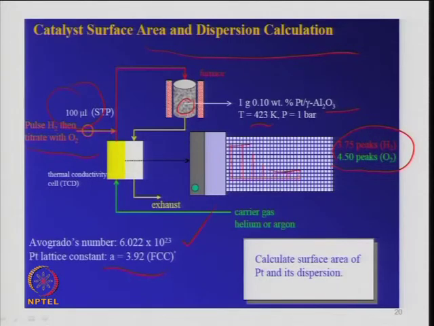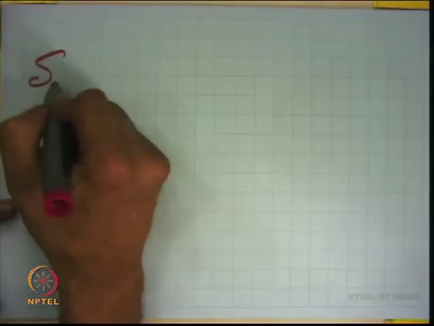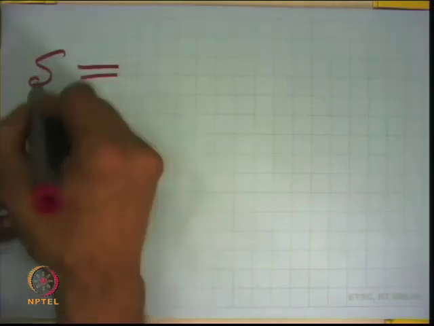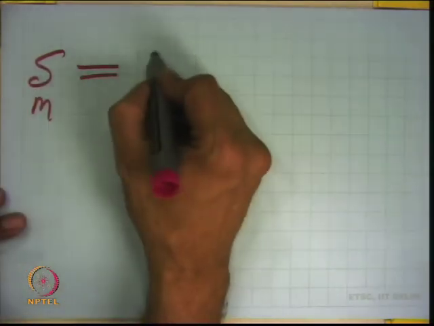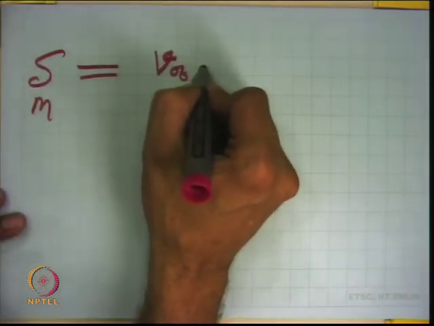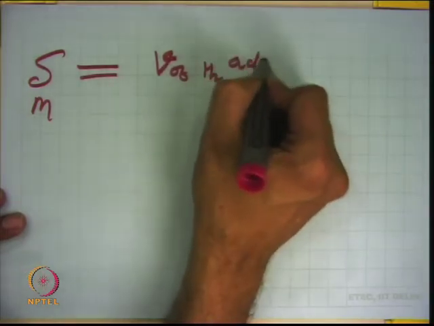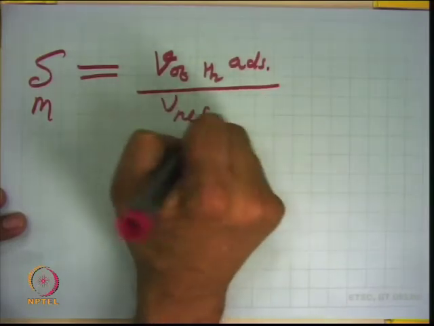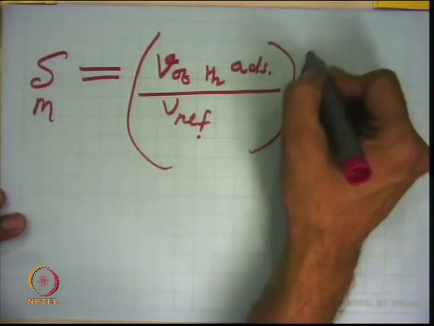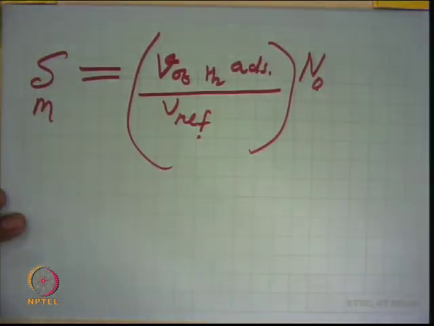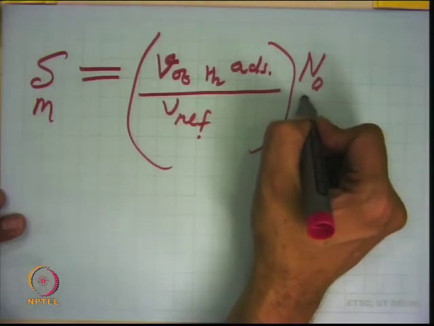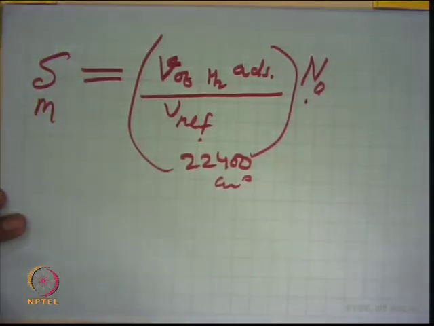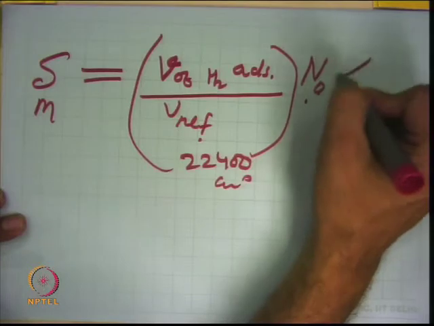the same formula we have discussed earlier. Earlier I was talking about physical surface area, now it is a chemical surface area. So, the surface area of the metal, if I write like this, is equal to the volume of chemisorptive gas, say hydrogen adsorbed, divided by the volume at the reference condition, 22,400 centimeter cube, multiplied by the number of molecules available at standard condition, that is N0, 6.02 into 10 to the power 23, and times the area of one molecule.